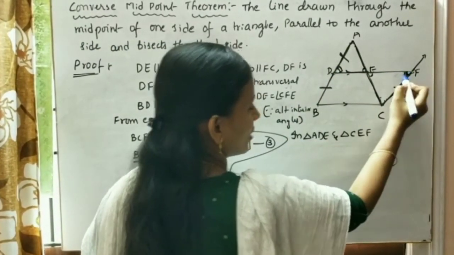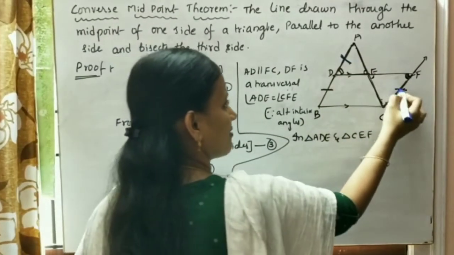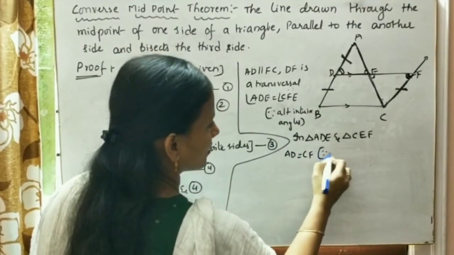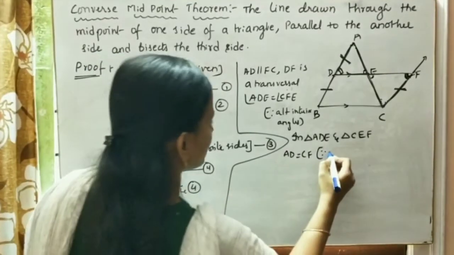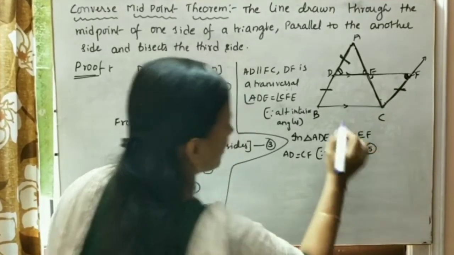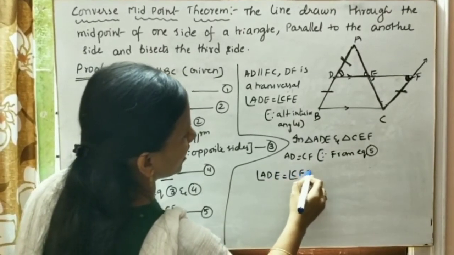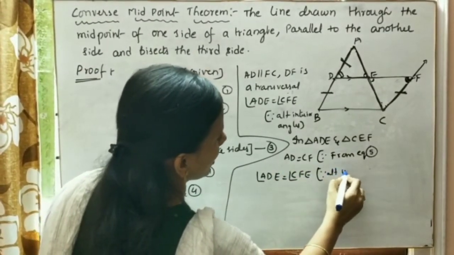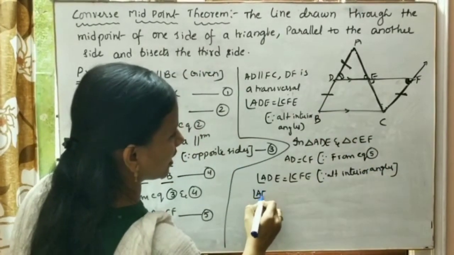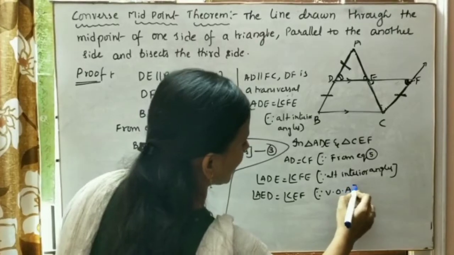AD is equal to CF, which we just proved from equation 5, angle ADE is equal to angle CFE, those are alternate interior angles, and angle AED is equal to angle CEF, those are vertically opposite angles.